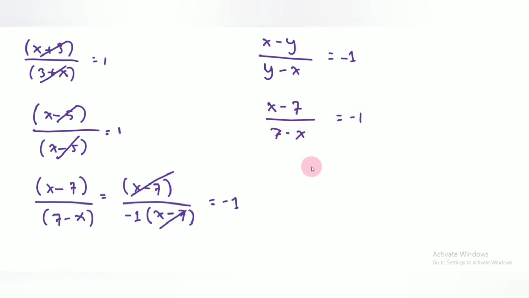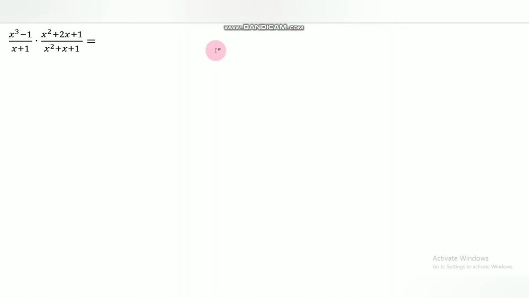It will be -1, or maybe 7 minus a over a minus 7, it will be -1. But if it is a plus 7 over 7 plus a, of course it's 1, because they are exactly the same. The first problem that we will discuss is from page 361, number 29, and this is the problem.